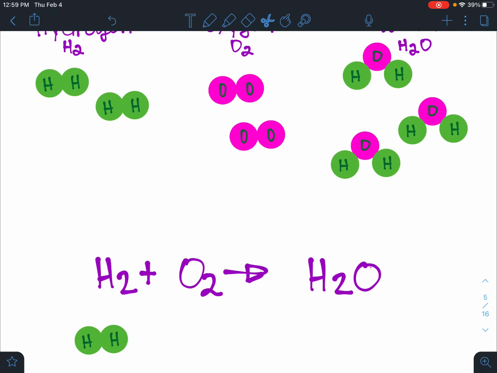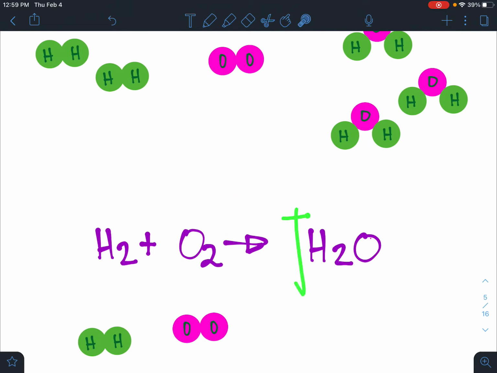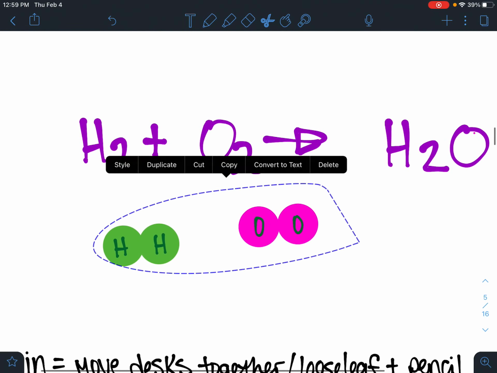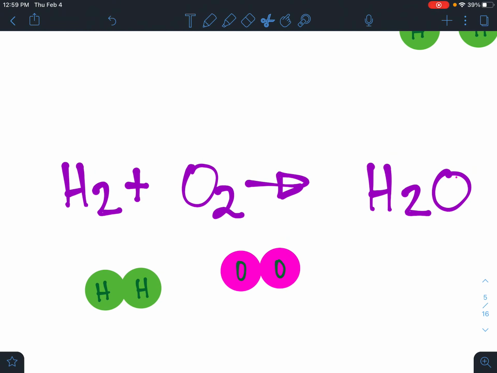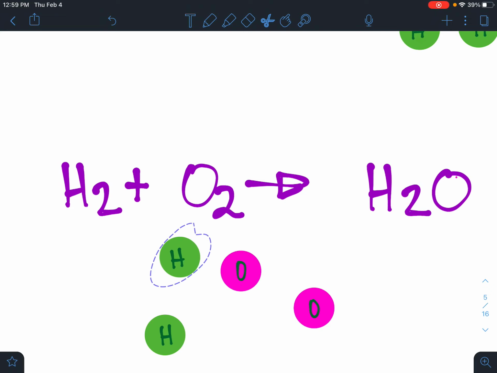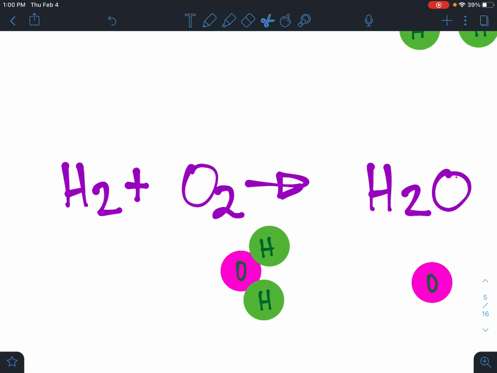So we have an H2 plus an O2, and the product that I'm going to build is an H2O. If we break apart the H2 and the O2, and H2O forms, we have a hydrogen that goes here, a hydrogen that goes here, and we end up having one oxygen left over.